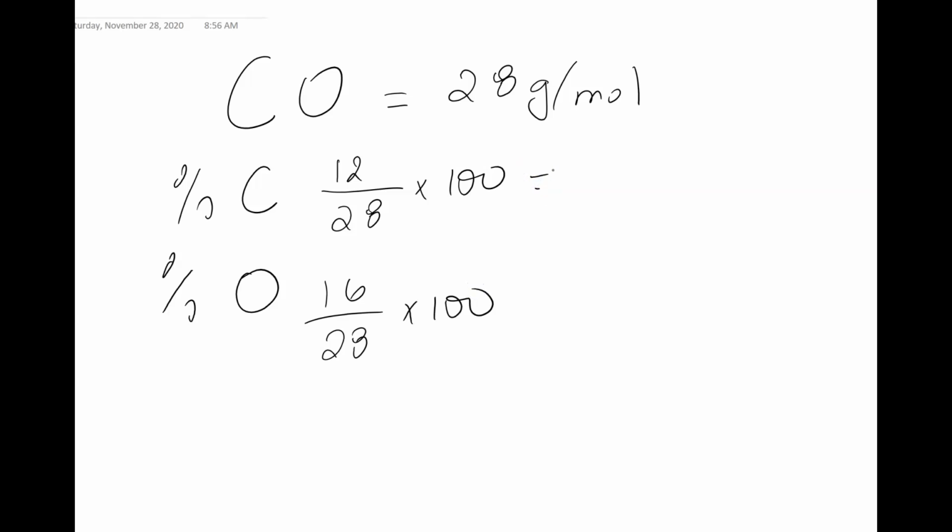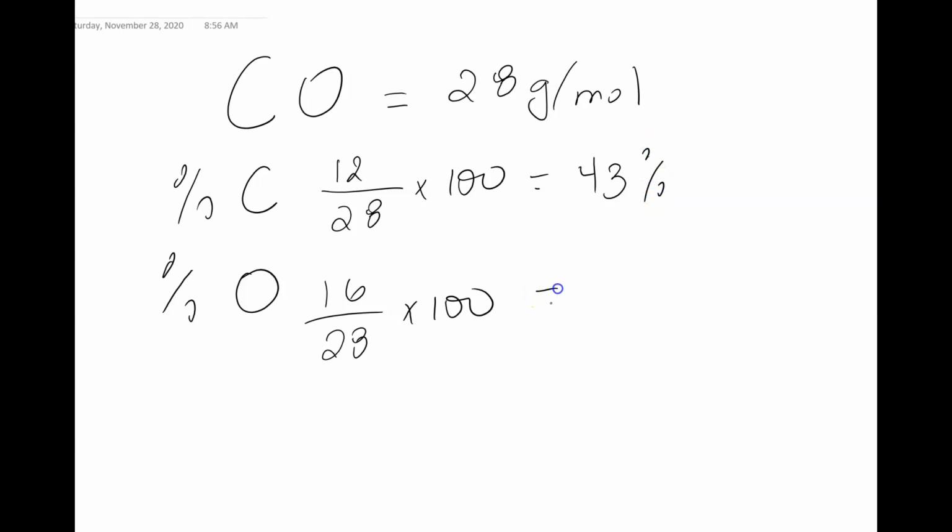All you're going to do is take 12 divided by 28, which is 0.4285, times 100. So this is 42.85, and I'm going to round to make it easier.